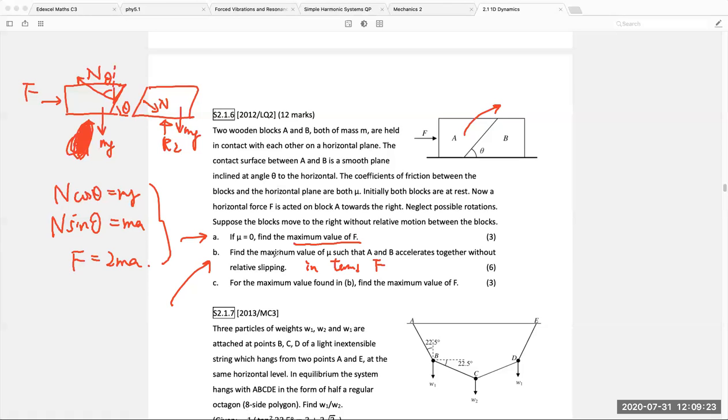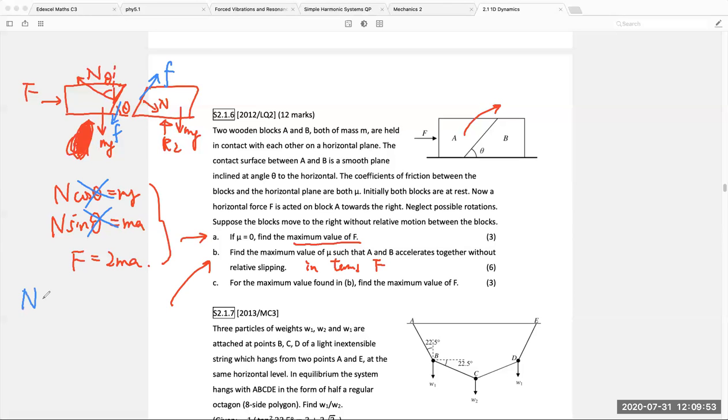So in part B, actually, there is a friction. So in the diagram, you just add two more forces, the friction. Okay, and then try to solve it. Right now, of course, these two equations are not valid, and you need to add something to this equation. So let me write down the equation again.